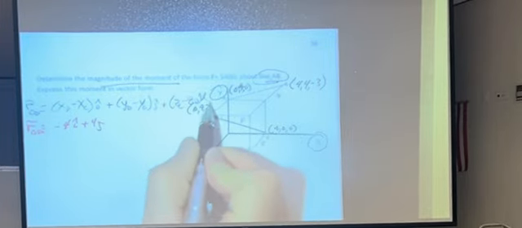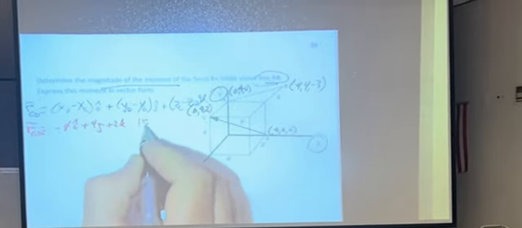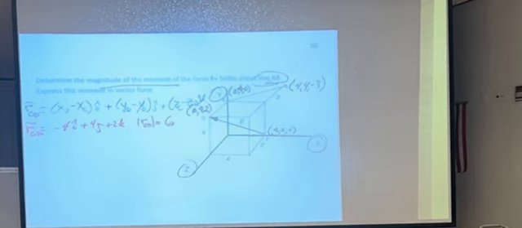And then 2 minus 0, that's plus 2K. Magnitude: square, square, square, add them together, take the square root, 6.